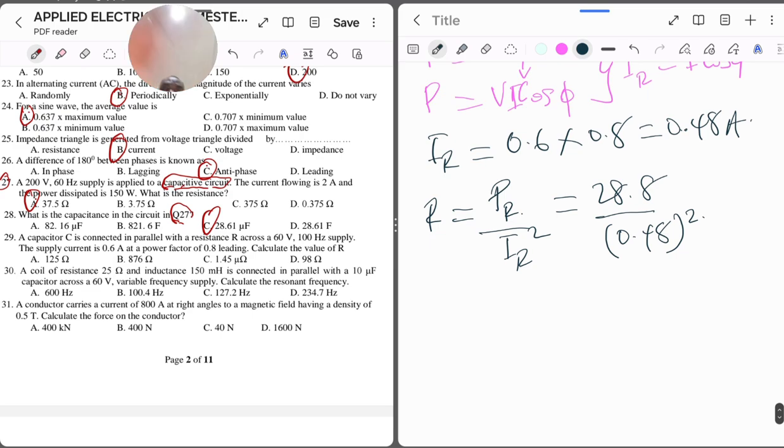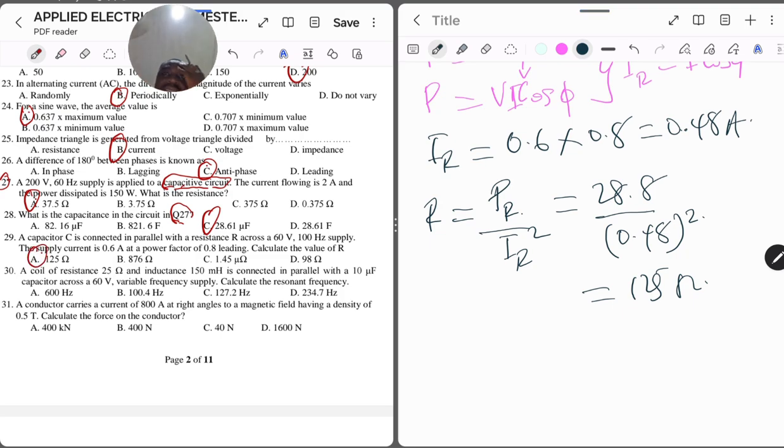So here we just take this one squared, take its inverse, times 28.8. So you get 125, right? When you do this, you get 125 ohms. So the answer for this question is A, 125.